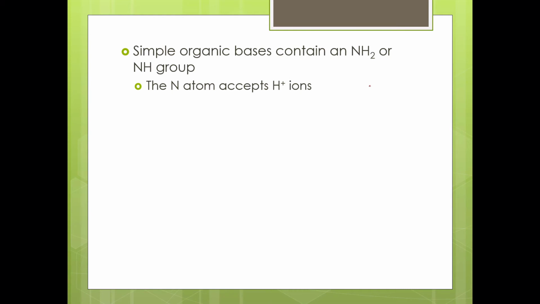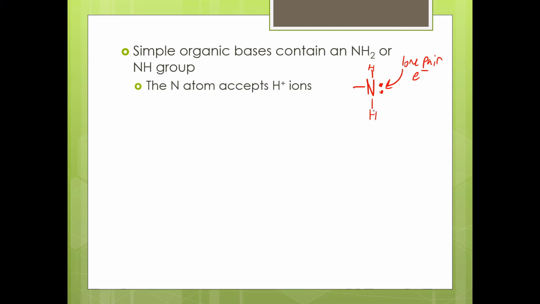In an NH2 group, the nitrogen will look like this, attached here, and the nitrogen will have a lone pair of electrons. This lone pair has a relatively large negative charge density, so it has the ability to attract large amounts of positiveness, which in acid-base chemistry would be the hydrogen.